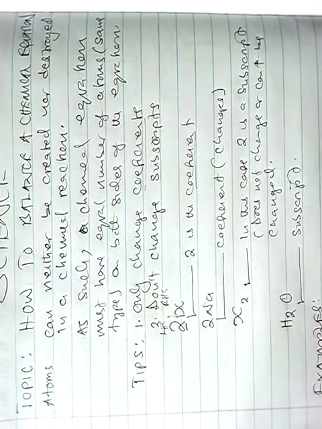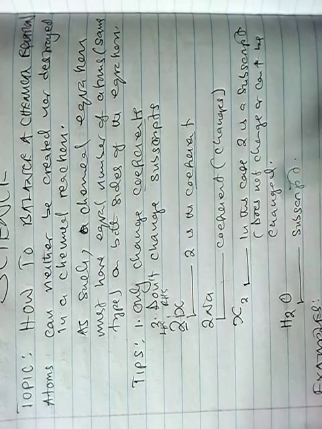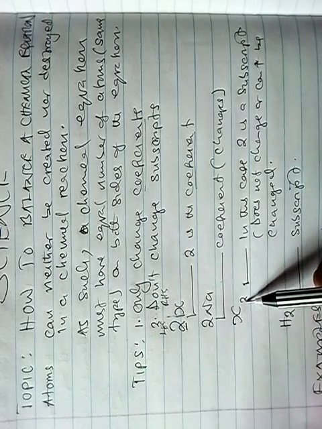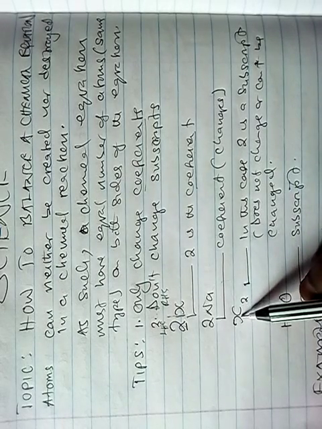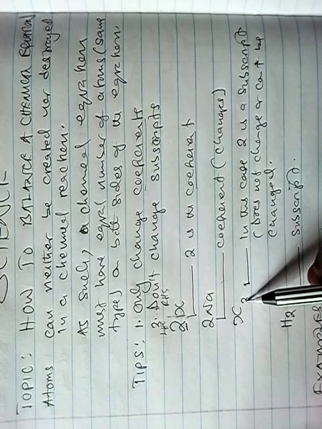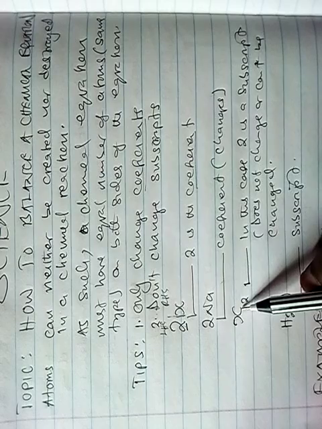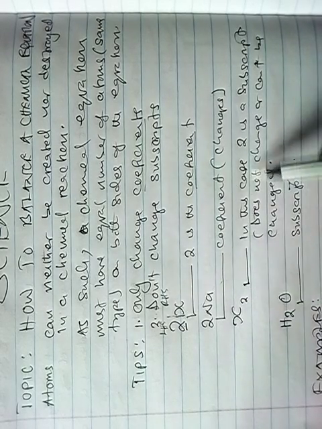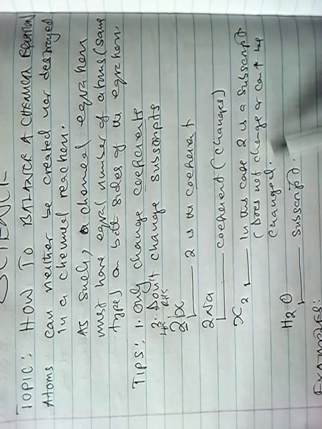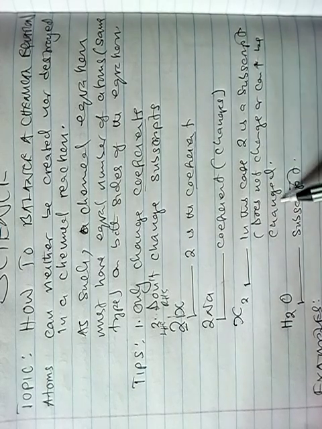Then what is the subscript? A subscript, in this case, you have this x, and at the bottom right side of x you have a 2. So this is a subscript. It cannot be changed.